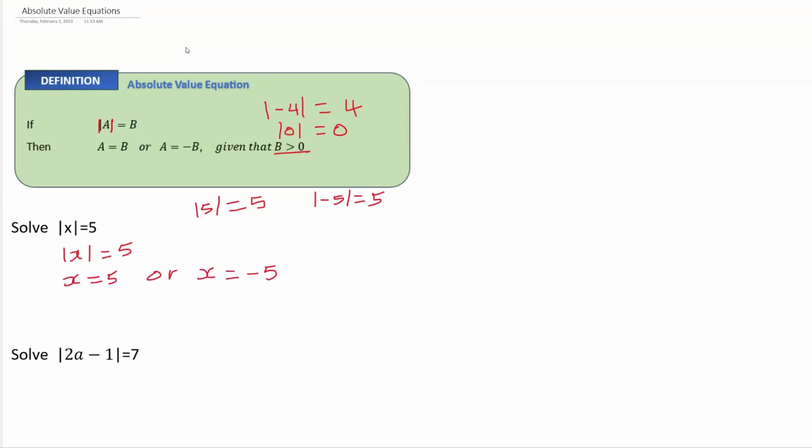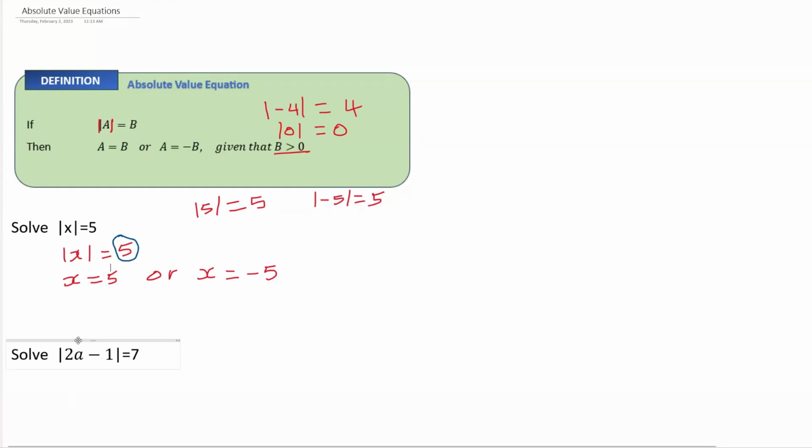You write it as it is, x equals 5, and then for the second equation, you change the number that's not inside the absolute value to a negative. You're not changing the signs of what's inside the absolute value; when you have an absolute value equation, you change the number that's outside.